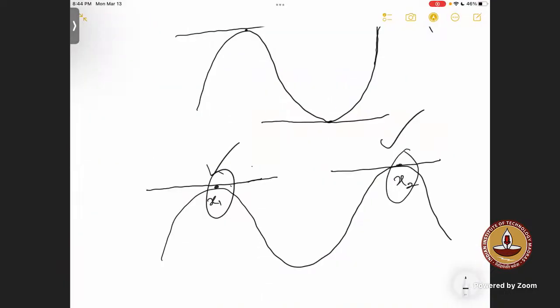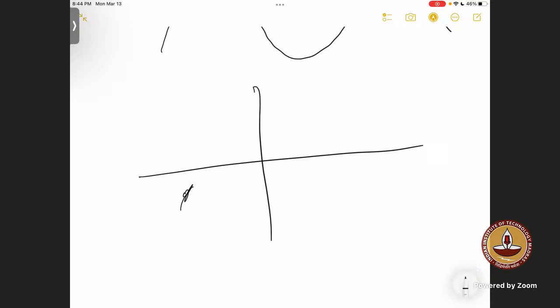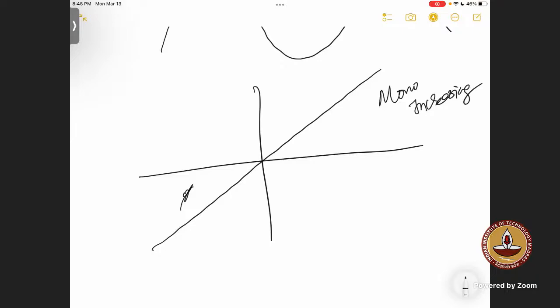Let me do one thing. What's happening to this function? Increasing, strictly increasing. Very good. This one?